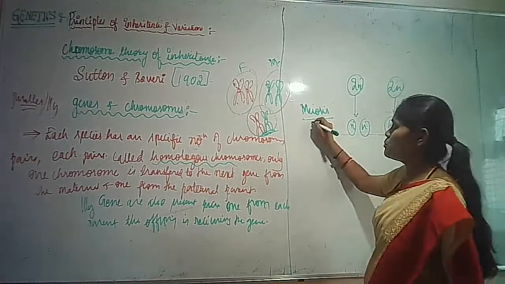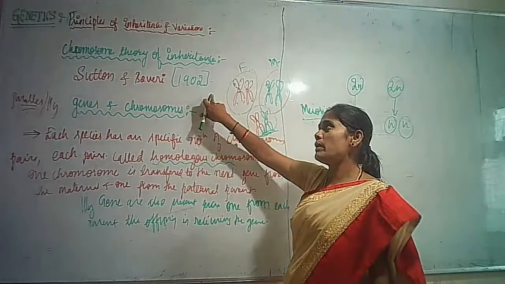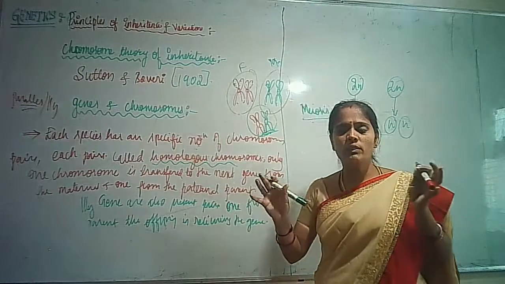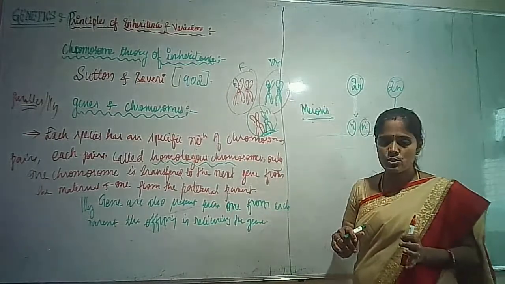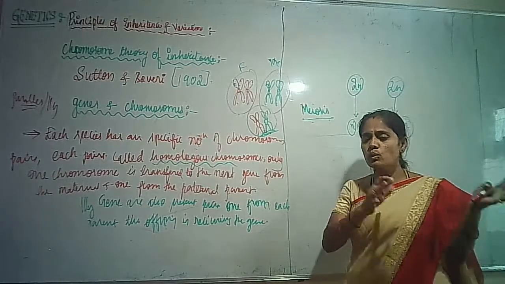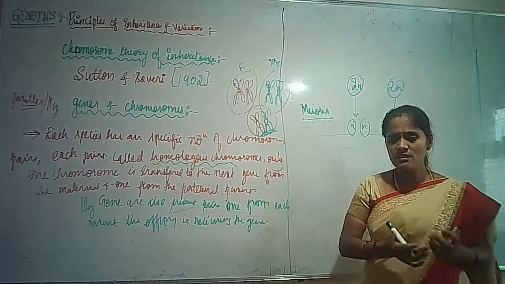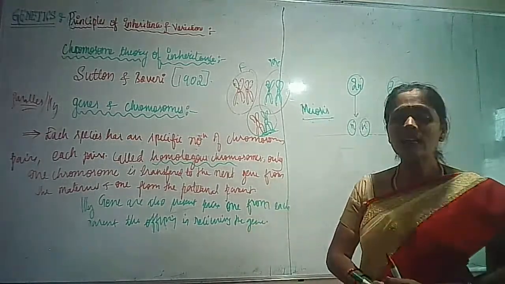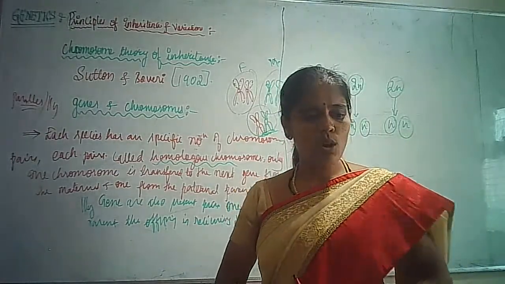When Mendel was working, the microscopic instruments were not well equipped, so he was unable to show the movements of the chromosomes, how they separate, and how they are transferred from one generation to another.